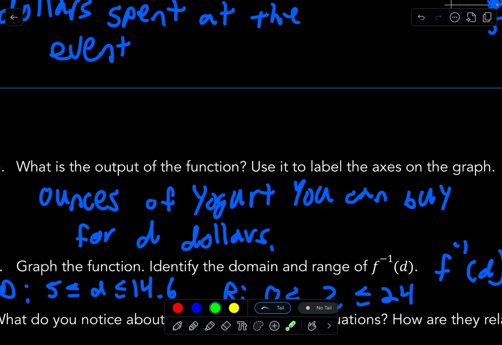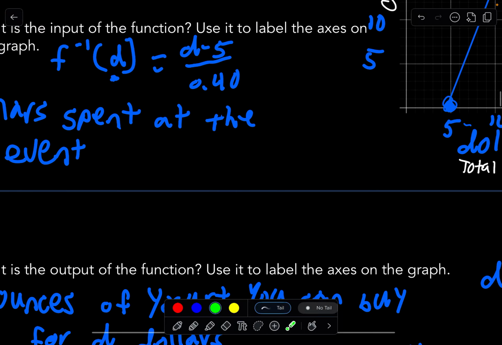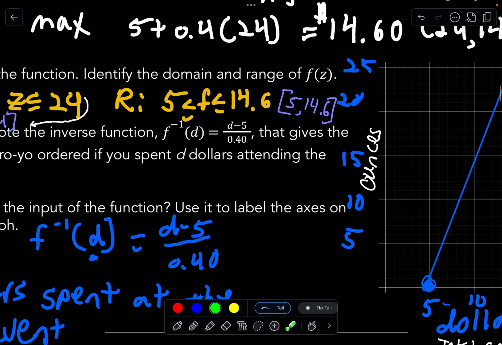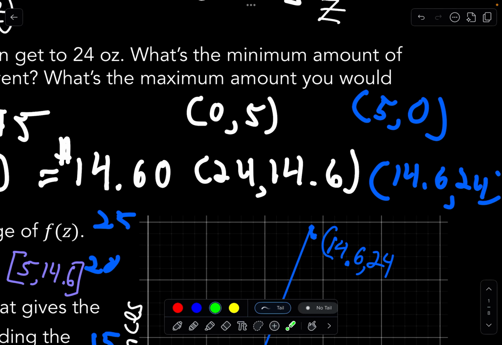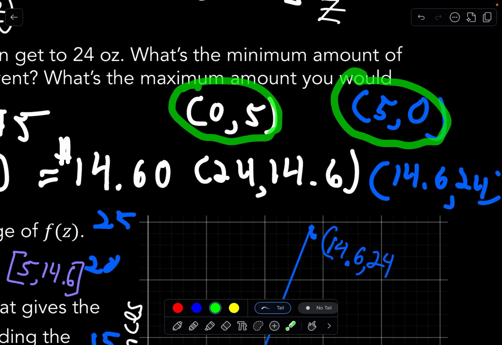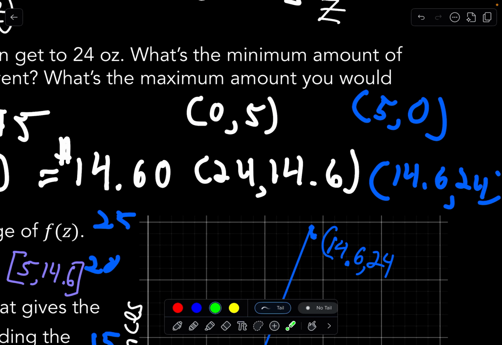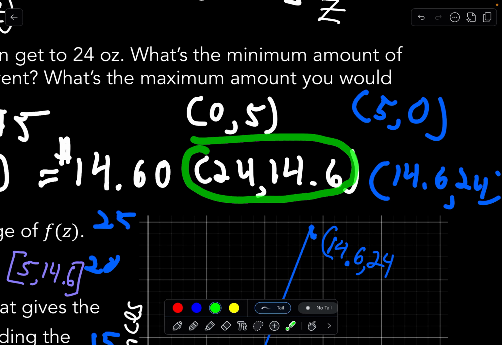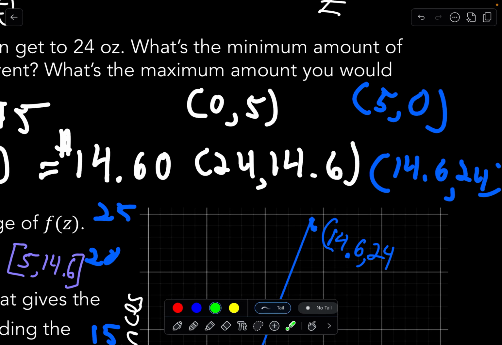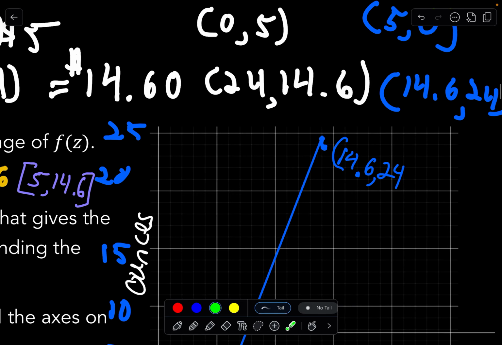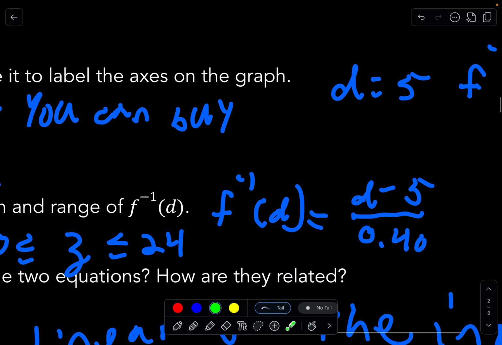It then says graph the function. Well, if you go back up here, notice in blue, I took each of these points of the original function, I just swapped them. So 0, 5 became 5, 0. 24, 14.6 became 14.6, 24. All I do is switch X and Y. So that's the inverse.